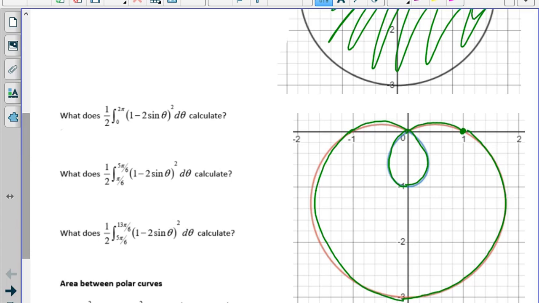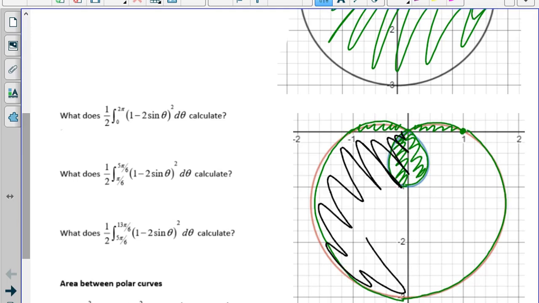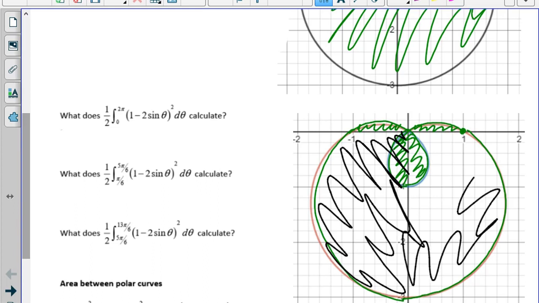Basically, what's going to happen is if we sweep area, we're finding this area, plus this area, plus this area, plus this area, and then we're getting all of this area. So notice what's happening if I go from 0 to 2 pi is that the part that's on the inside is being double counted.